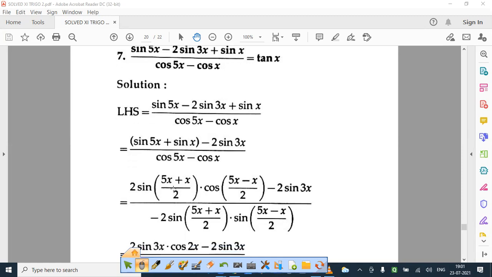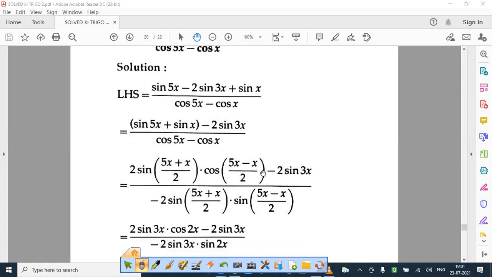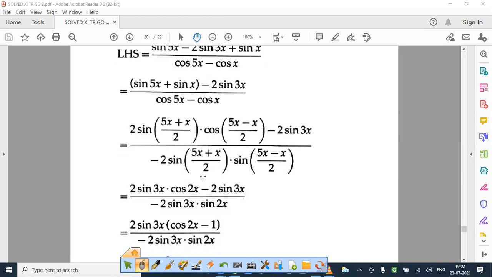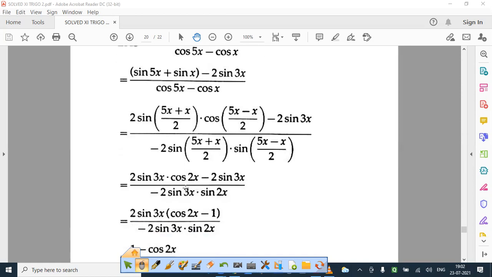Sin a plus sin b is 2 sin of a plus b by 2 into cos of a minus b by 2. Or you may say sin c plus sin d, same thing. In the denominator, what is cos a minus cos b? Minus 2 sin of a plus b by 2 into sin of a minus b by 2. Now, the numerator becomes 2 sin 3x cos 2x minus 2 sin 3x, denominator as it is.